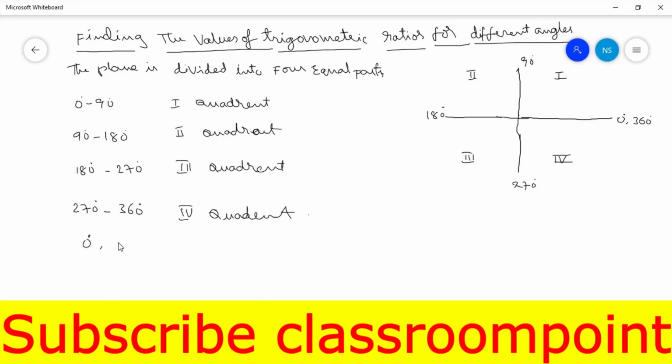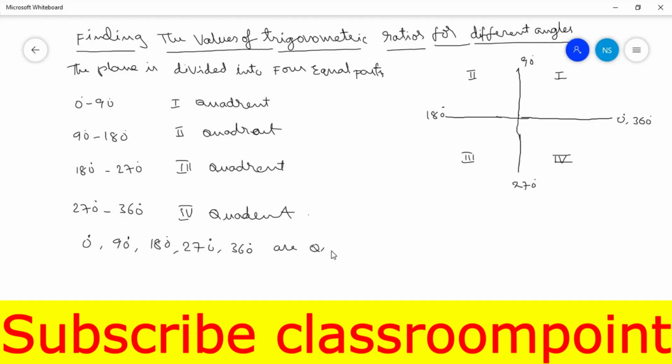0 degrees, 90 degrees, 180 degrees, 270 degrees, and 360 degrees are called quadrant angles.